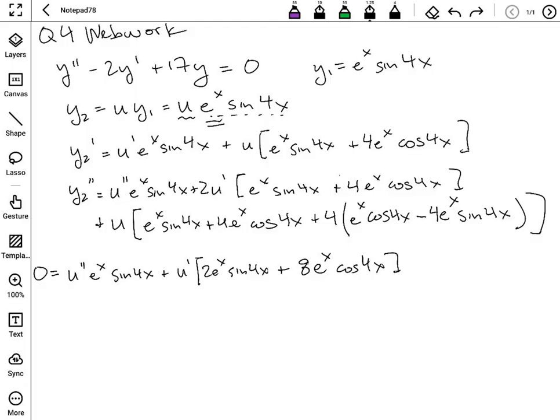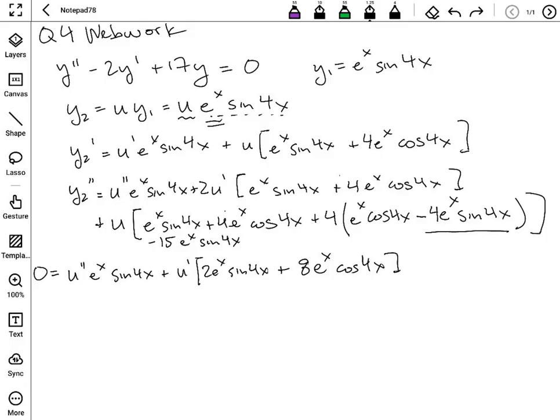And I'm going to simplify this term right here before I plug it in. I've got e^x sin 4x minus 4 times 4e^x sin 4x. So that's going to be minus 15e^x sin 4x, because 4 times minus 4 is minus 16, so I've just got 1 minus 16 is minus 15. And then I have this 4e^x cos 4x out front, and then 4 times e^x cos 4x.